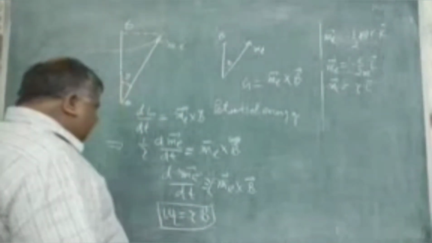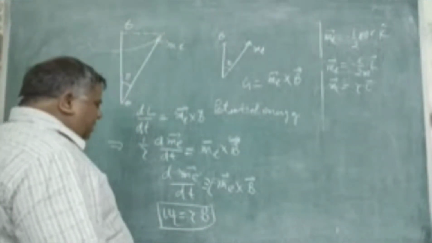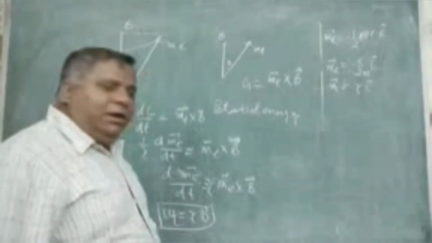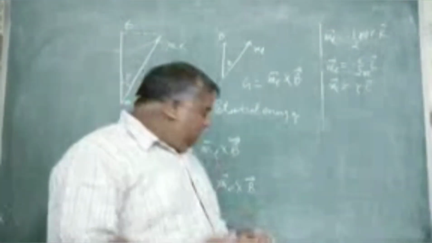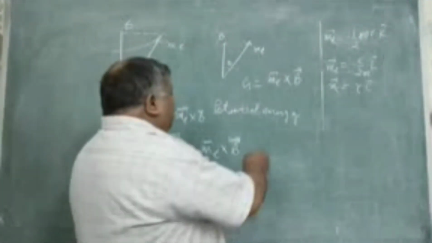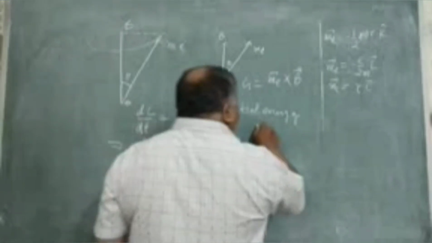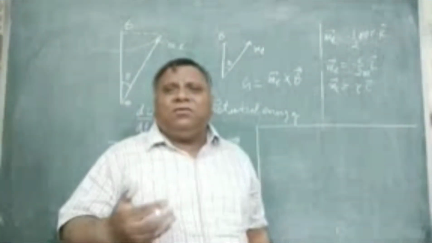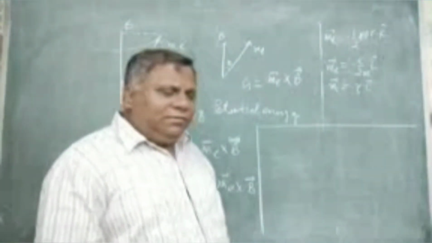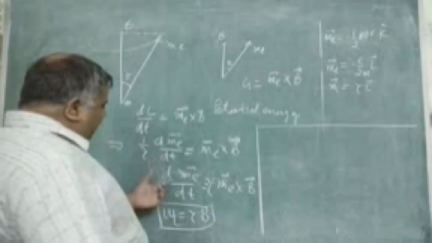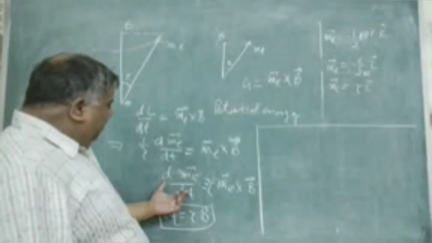So let us see how this Larmor frequency can be obtained, and what is the effect of this precession on the electronic motion. We have this type of relation.